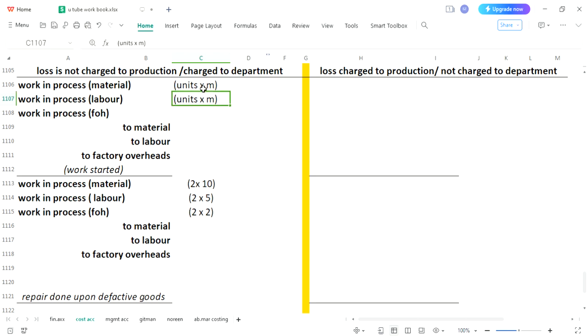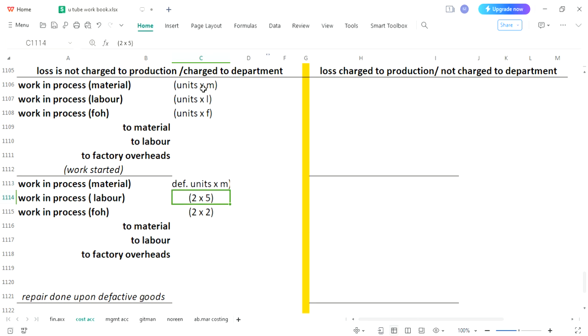Then again you will put units multiplied by small f, per unit cost of overhead. And here you will use defective units multiplied by small m.